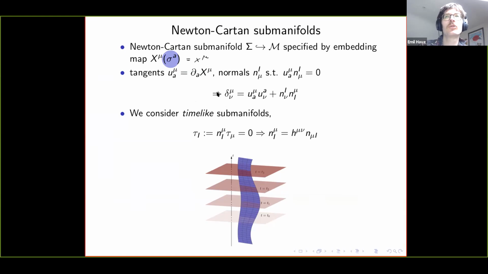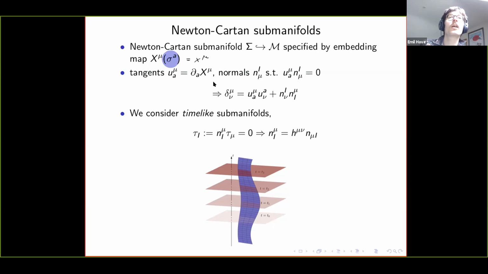These embedding maps lead to what we call tangent vectors, which are the pullback maps that can be used to pull back objects in the ambient space to objects on the surface, and a set of normal vectors that are orthogonal to these tangents.